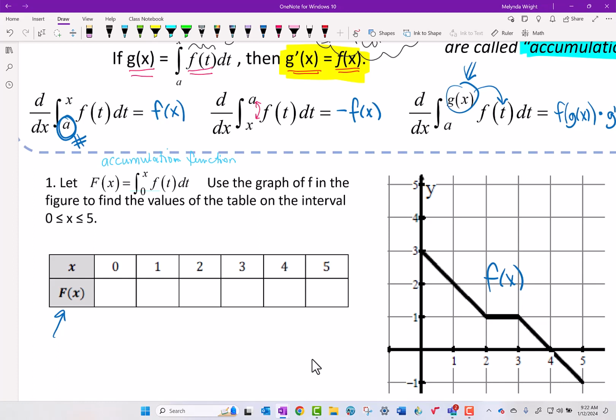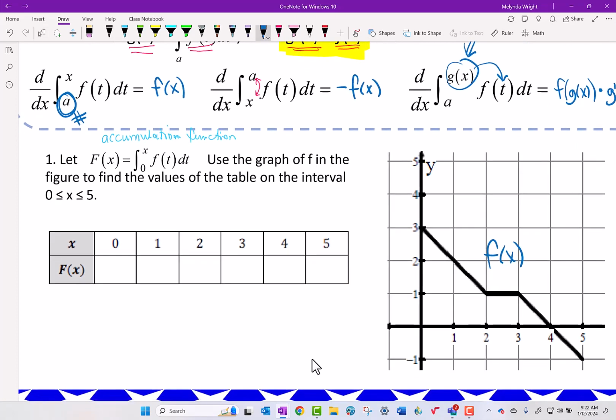So what we're doing is we're substituting this number in for x right here. That's what we're doing every time, because we're looking for big F of x. Right? Big F of x is going to be the integral from 0 to whichever of these numbers it's telling me. And I'm going to show you how the area adds up. It accumulates as we move. So for this first one, and they love for us to write out the integral, so please do that.